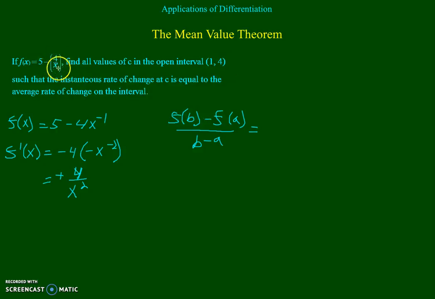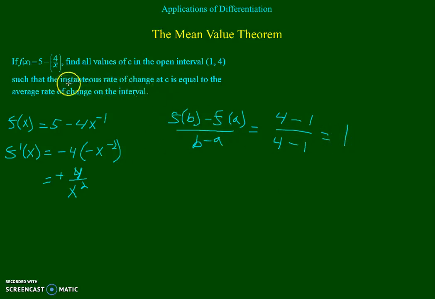That's 5 minus 4 over 4, which is 5 minus 1, which is 4, minus f of a, 5 minus 4 over 1, which is 1, over b, 4 minus 1, which is 1. So the average rate of change is 1.